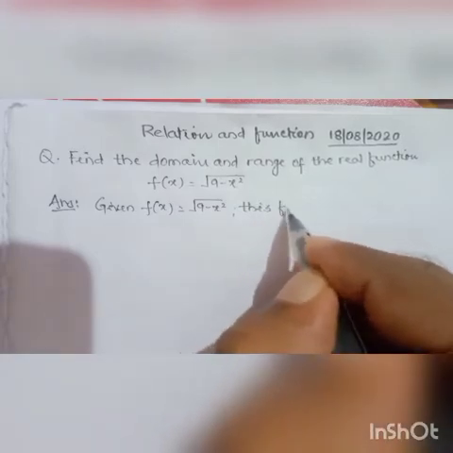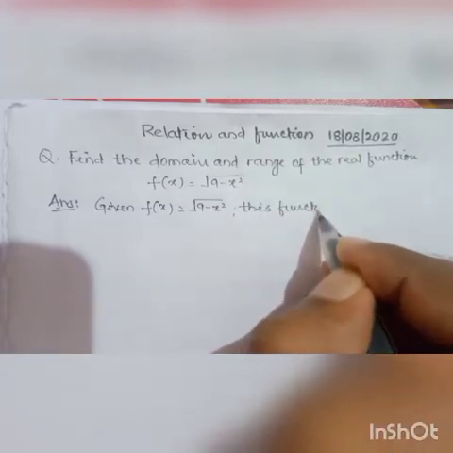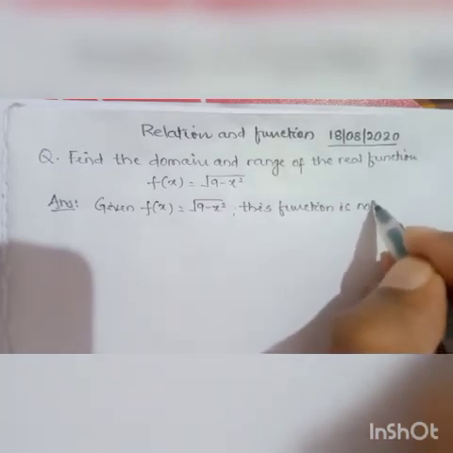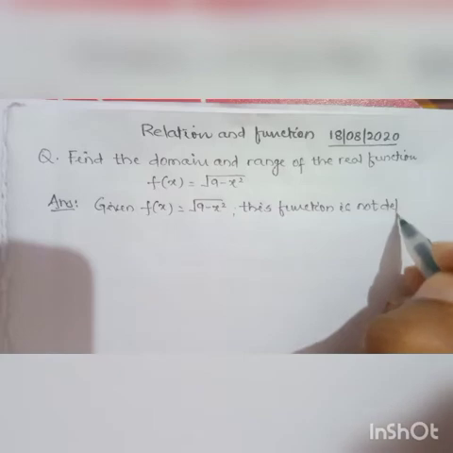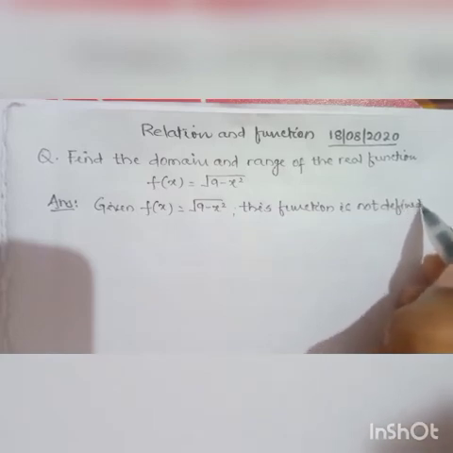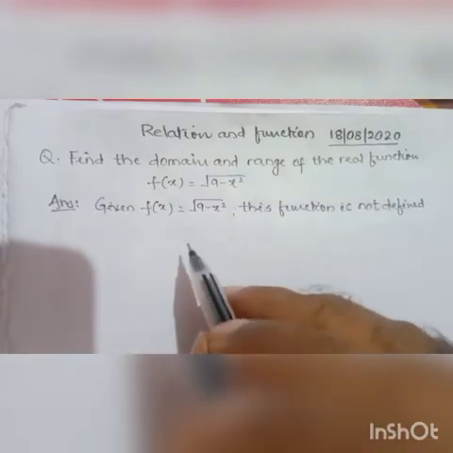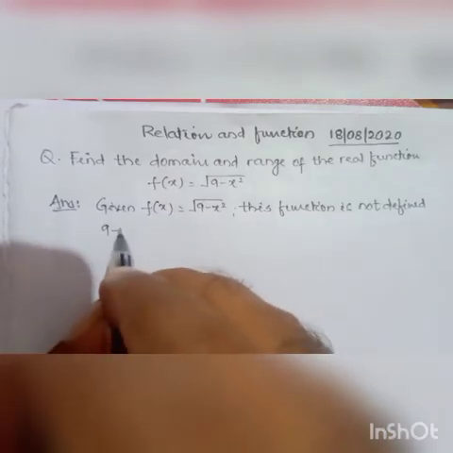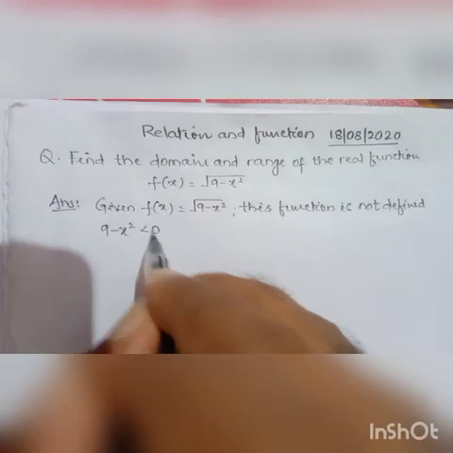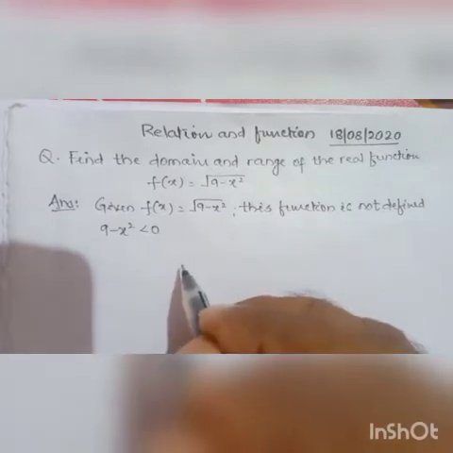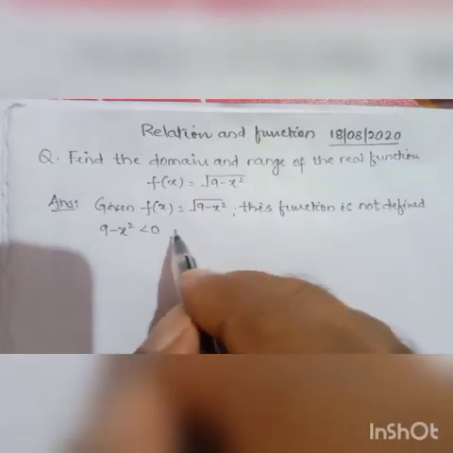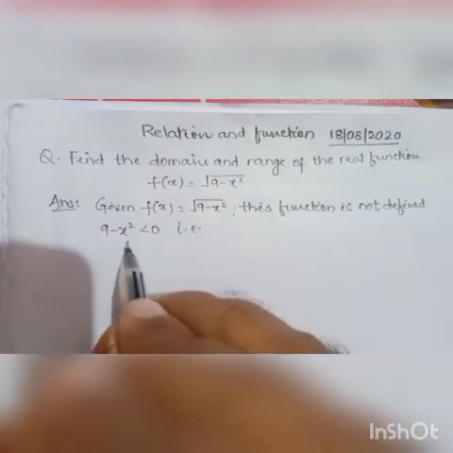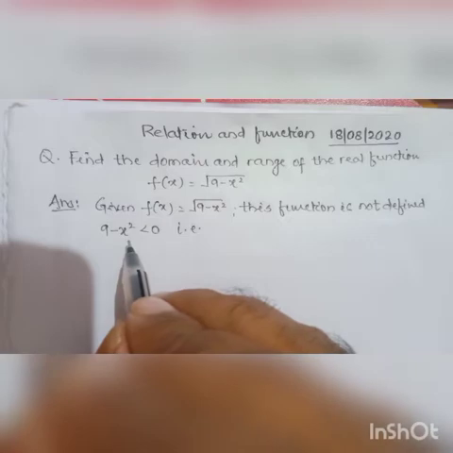This function is not defined when 9 minus x square is negative, when 9 minus x square is less than 0. So it is well defined when 9 minus x square is positive.